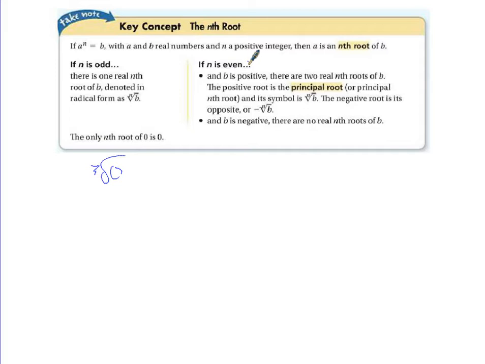If n is even, so that was if n is odd. Now if n is even, the index is even. This number right here is an even number. And b is positive. Which number is b? The thing inside the square root symbol, right? The thing under the radical. So if we had like the fourth root of a positive number, then there are two real nth roots of b.